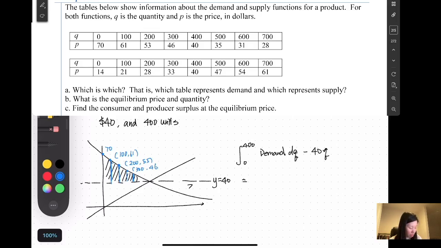Okay, this is not the best graph. And then at the equilibrium point, this is 414. By the Riemann integral, we can use the left endpoint or the right endpoint to calculate that. So in here, I'm going to use the left endpoint. 200, 100.